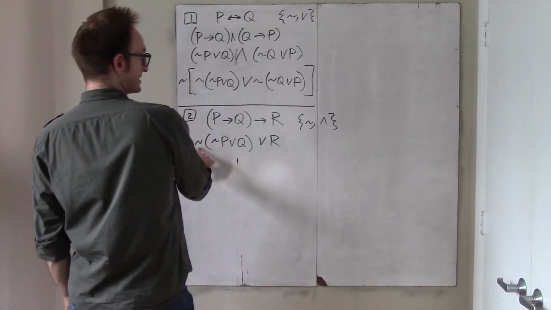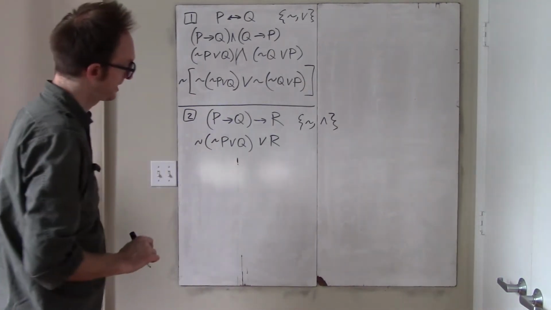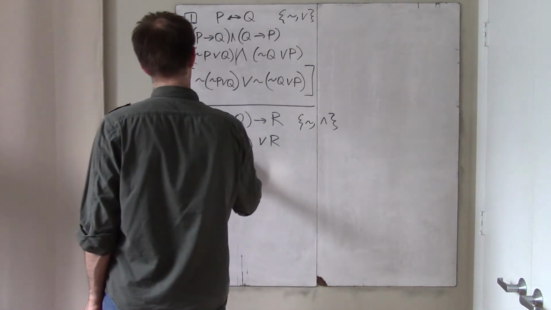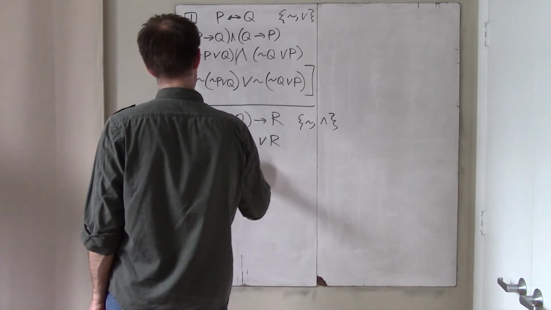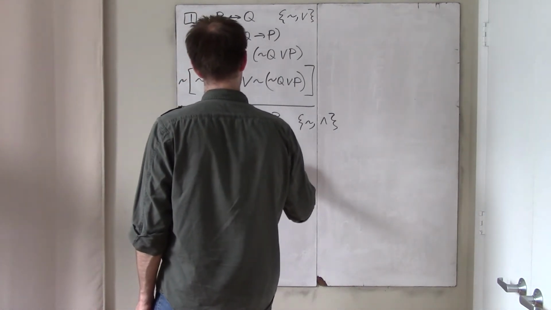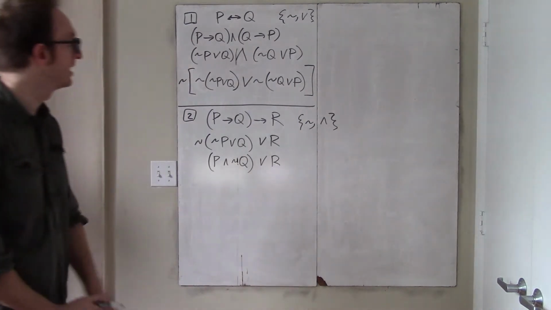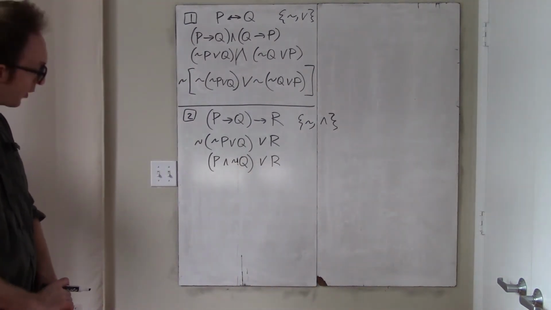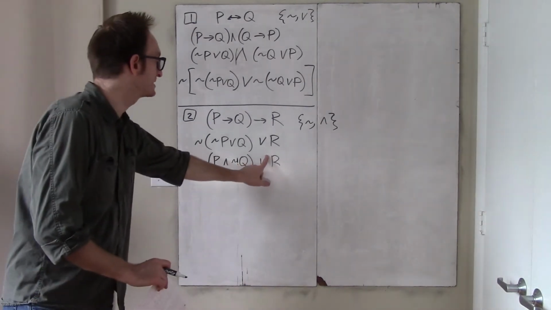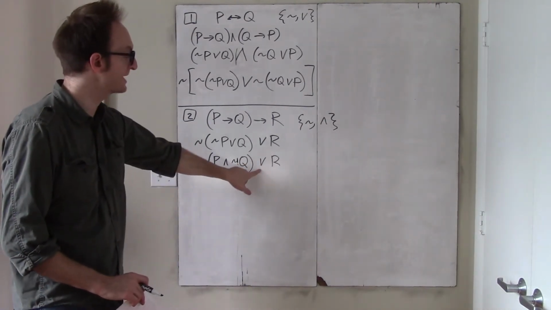Well, for one of them, I can just distribute. Well, let's see. Do I want to do that? Distribute this back through. So P and not Q. There's a couple different ways of doing this, I guess. So that got rid of one of the ors. This is me just applying the De Morgan laws. But now I need to get rid of this or, this main connective or.